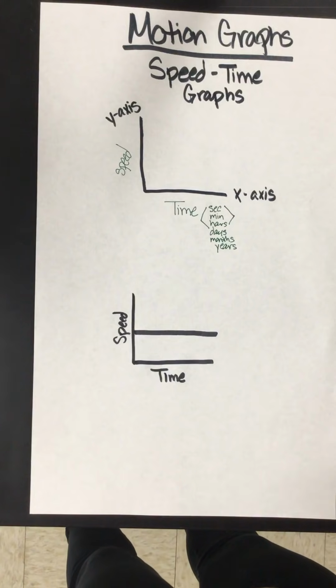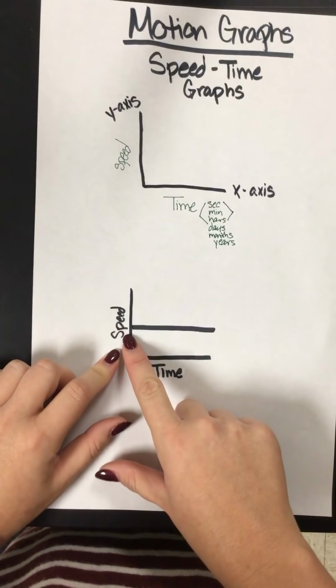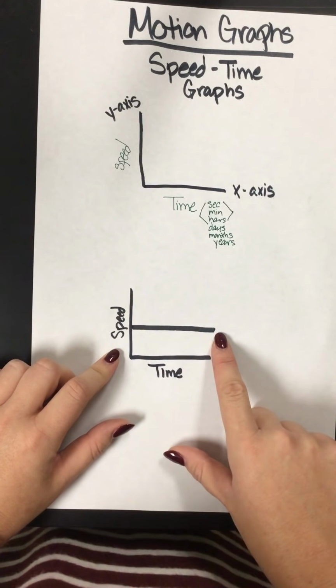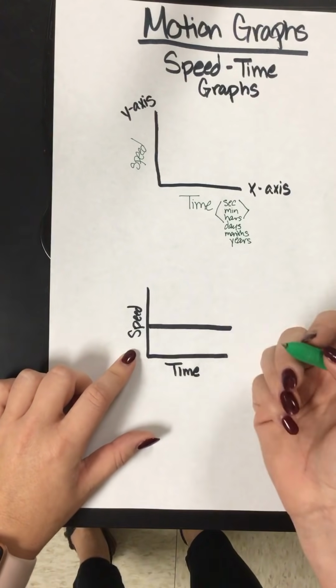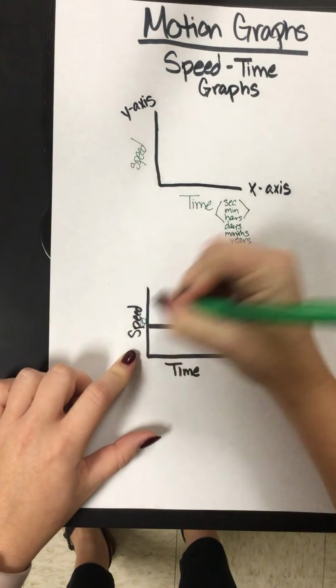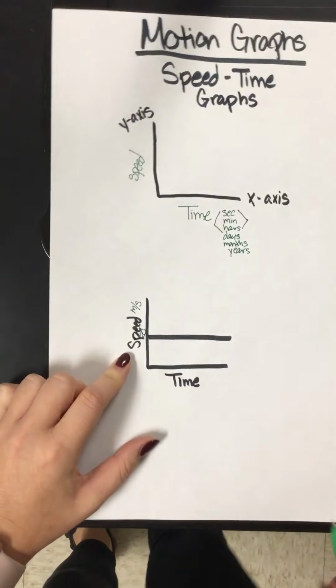So what does this mean? Usually, whenever we look at a straight line, we want to say, oh, well, there's no change, so it's not moving. But remember, this is a speed. So if we were to give this a number, we could say that this is 20. And then we could label it meters per second, which is super fast.